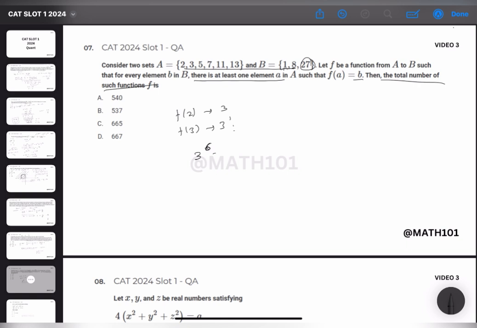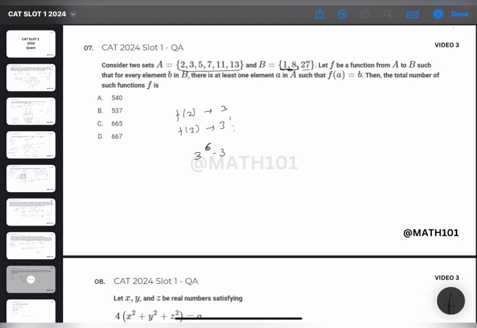So we'll subtract all those functions which map these elements of A to only two elements of B. Let's say it's 1 and 8 but not 27. So there would be three such possible cases.